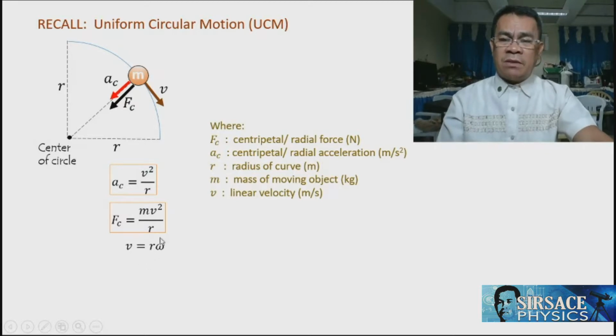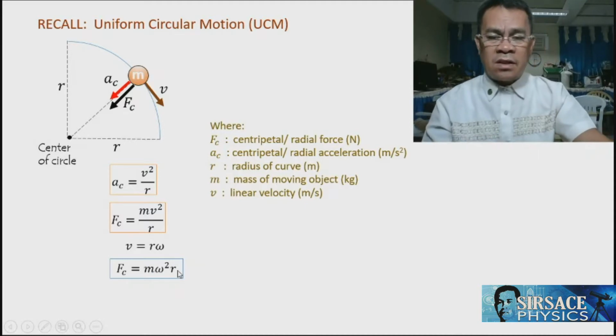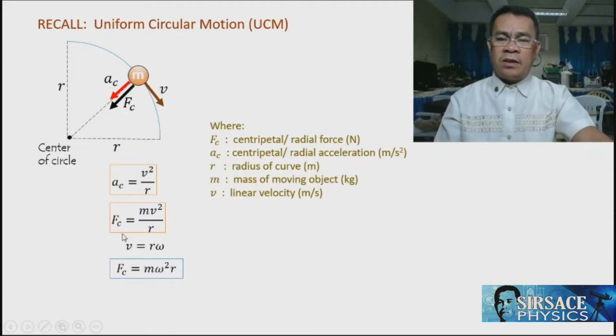If we substitute this linear velocity into the formula mv squared over r, the result becomes m omega squared r squared over r. The r in the denominator was cancelled because we have r squared in the numerator. So we have mass times omega squared, the angular velocity squared, times the radius. This is another way to solve for the centripetal force.